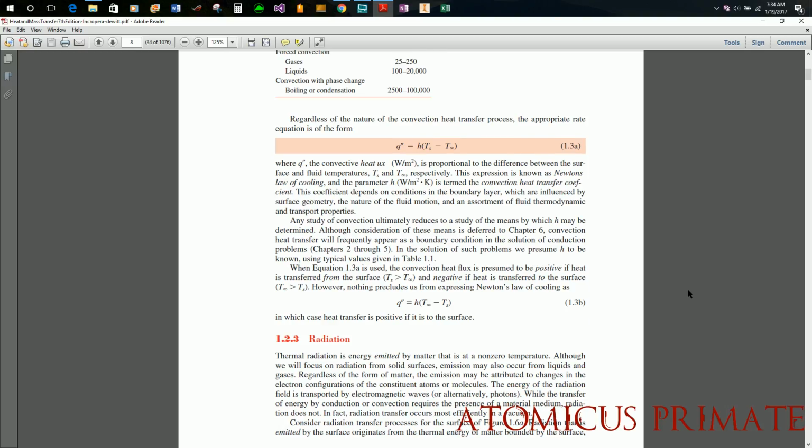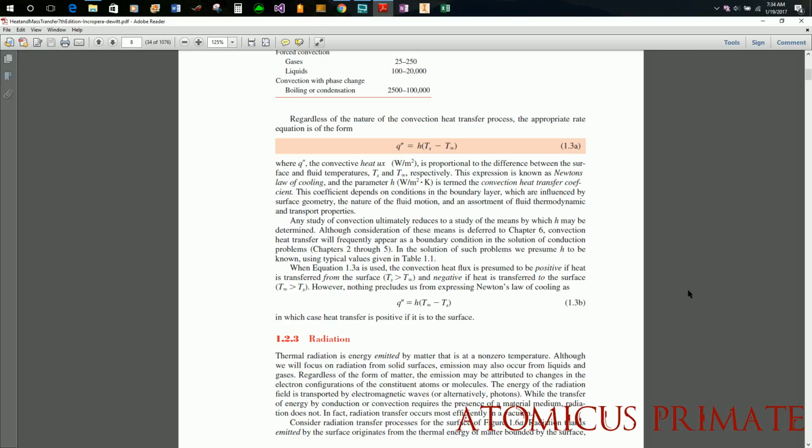When equation 1.3a is used, the convection heat flux is presumed to be positive if heat is transferred from the surface, T sub s, and negative if heat is transferred to the surface. I'll read that again with proper inflection.